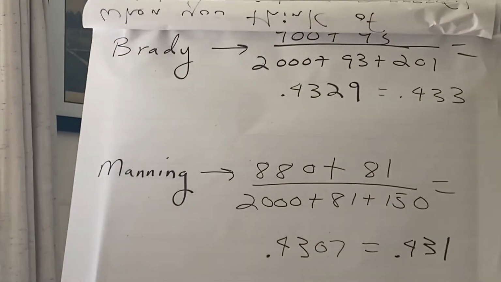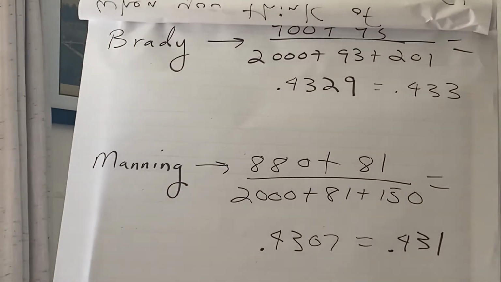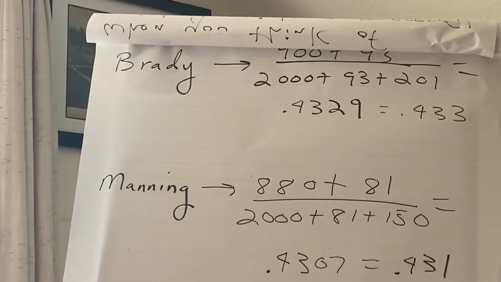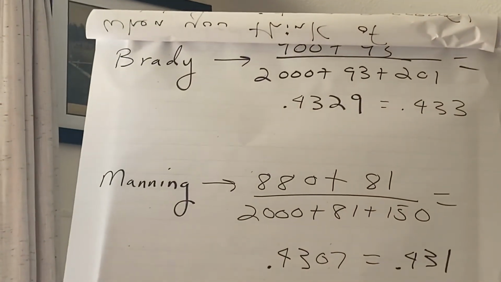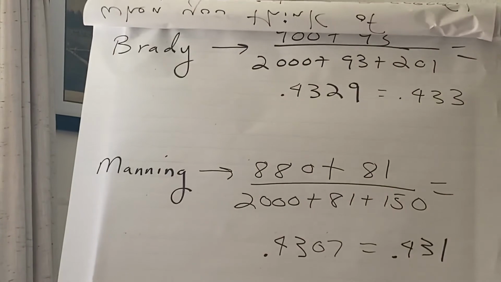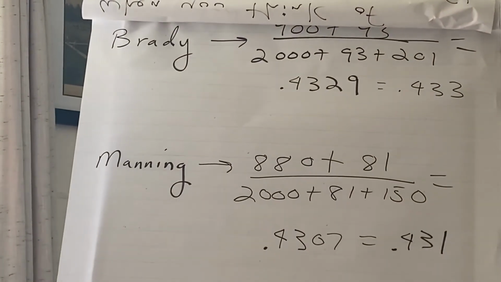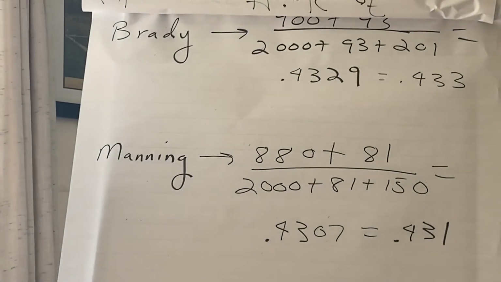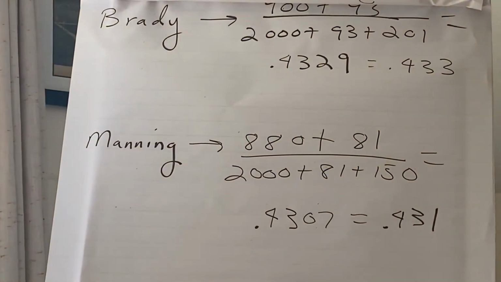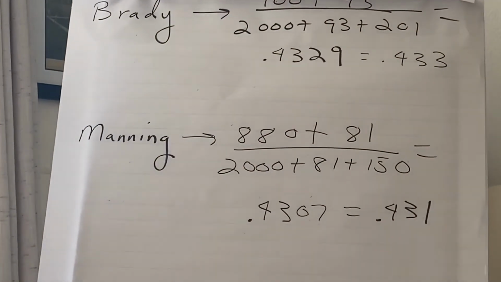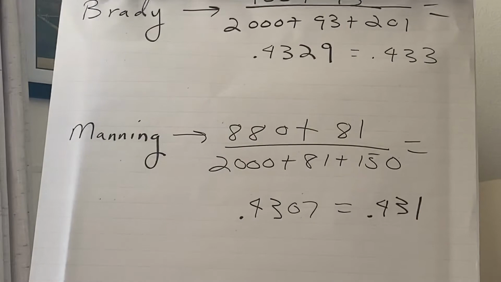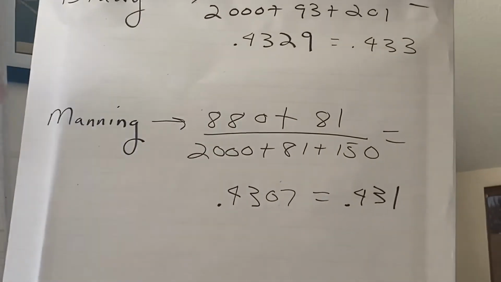I'm going to give Brady a WOBA of .450. That's superstar, right? Not quite Babe Ruthian, but kind of close. And I'm going to give Manning 1% less, which is .44. Okay, so Brady's is 0.45, Manning's is 0.44 in 2,000 at-bats.